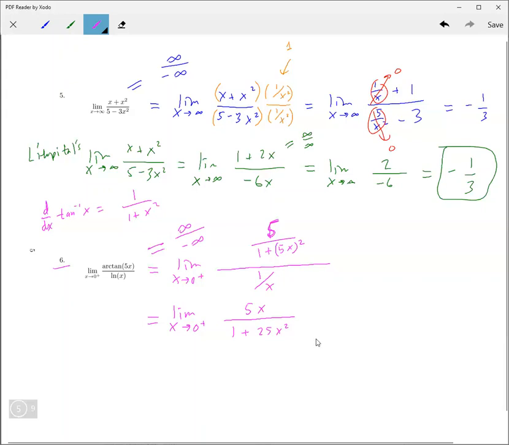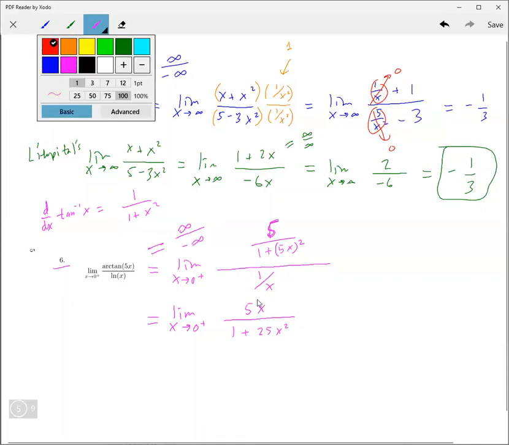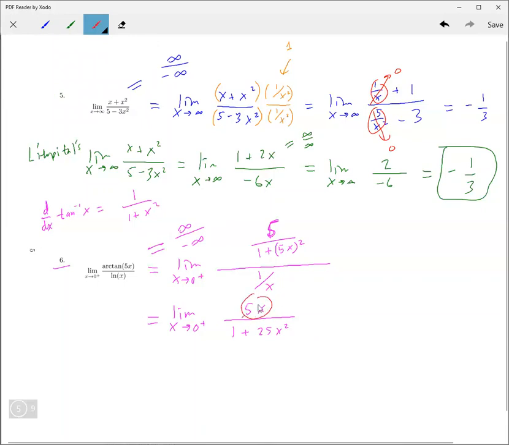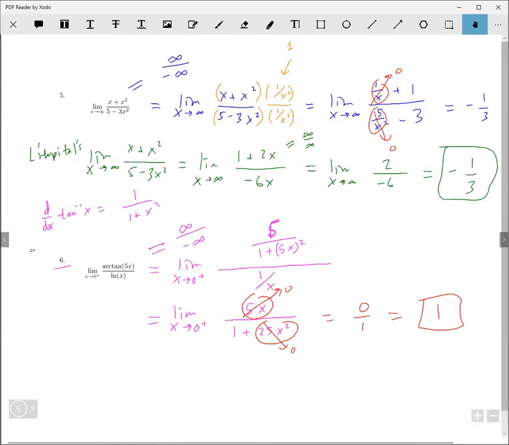Okay, and as x goes to 0, this will go to 0. That goes to 0, and this also is going to go to 0. So you basically have 0 over 1, which is going to be 0. Okay, so that's just applying L'Hopital's rule. Okay, so all of these are direct applications of L'Hopital's rule.